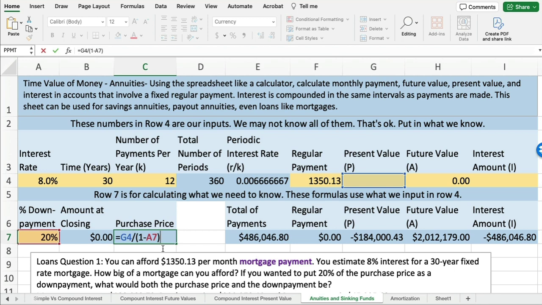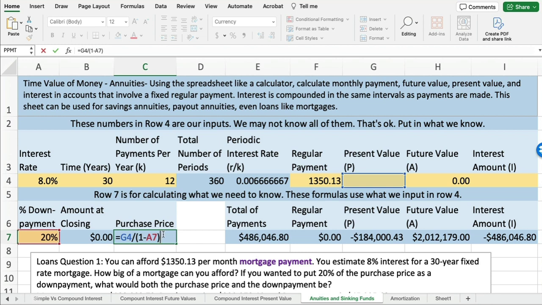The formula for purchase price, if we know what the mortgage amount is, equals G4. So G4 is our actual mortgage amount, and you'll notice that that's just blank right now because we don't know what that is yet. So the purchase price is going to equal your mortgage amount divided by, parenthesis, 1 minus A7, close parenthesis.